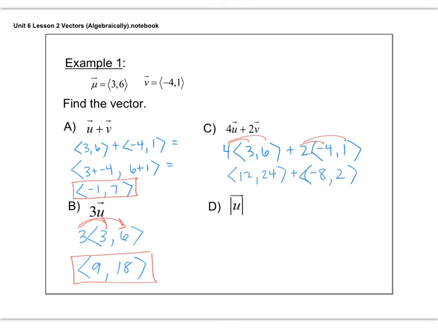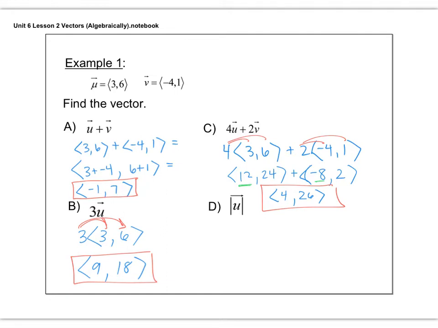Now add. It's just like PEMDAS, it's just like algebra. So now you're going to add your x values, or your horizontal components. And so 12 plus -8 is 4, and 24 plus 2 is 26. And so your final answer would be 4, 26.